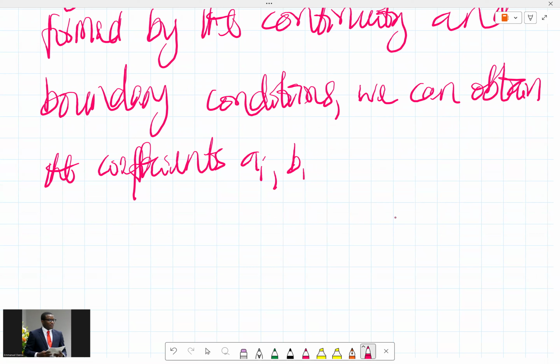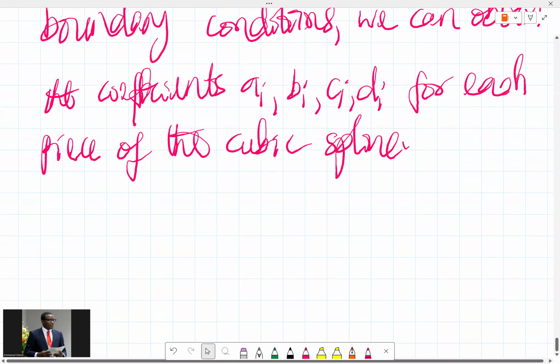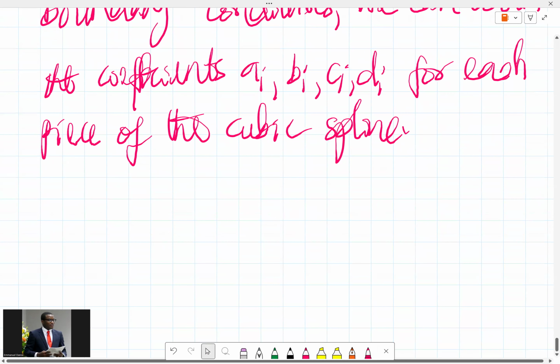A1, B1, C1, D1 for each piece of the cubic spline. So what does the final result look like?